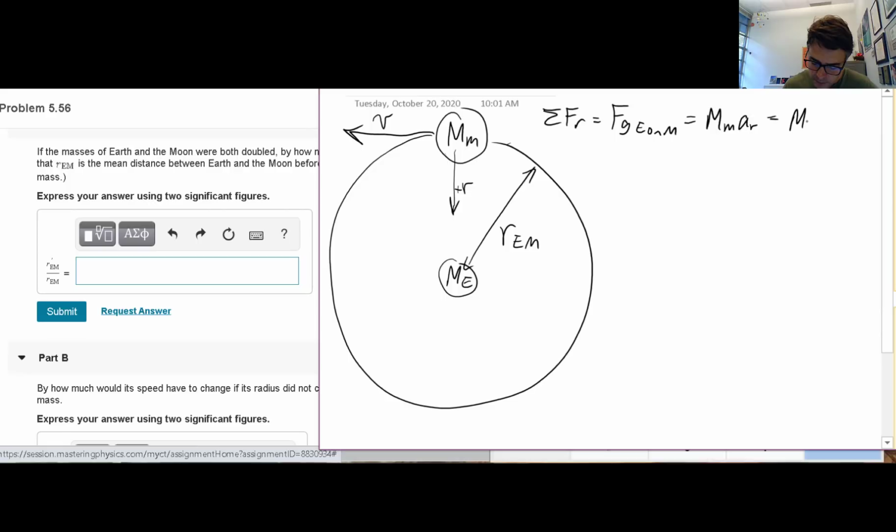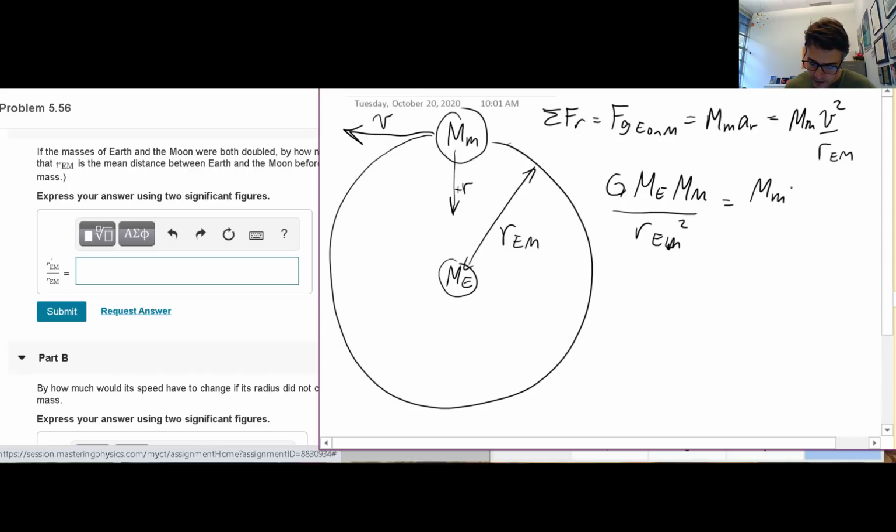So it's the mass of the Moon times v squared over REM. And this equals G times the mass of the Earth times the mass of the Moon divided by REM squared.